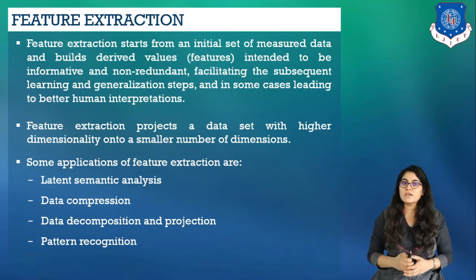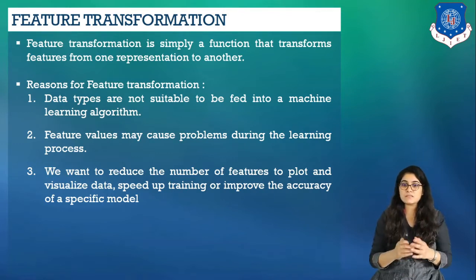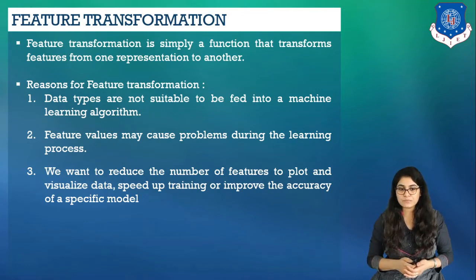Now let's discuss feature transformation. Feature transformation is simply a function that transforms features from one representation to another. But why would we transform our features? Well, there are many reasons, which include data types not suitable to be fed into a machine learning algorithm, for example text or categories.